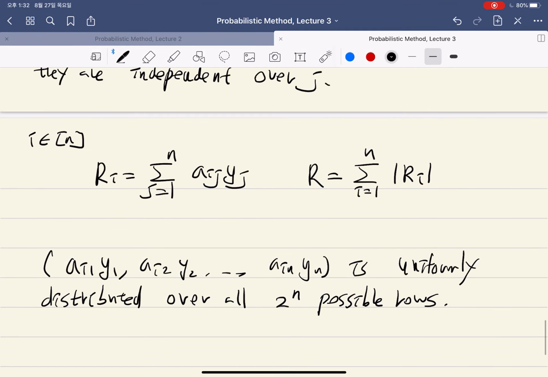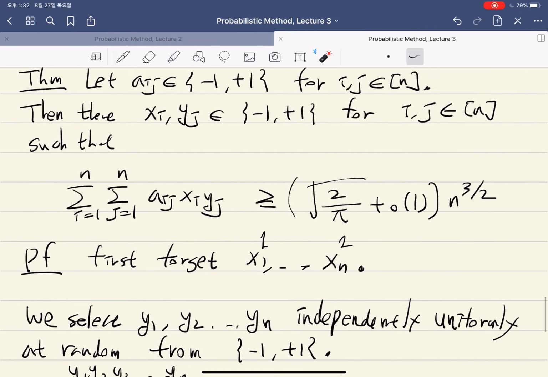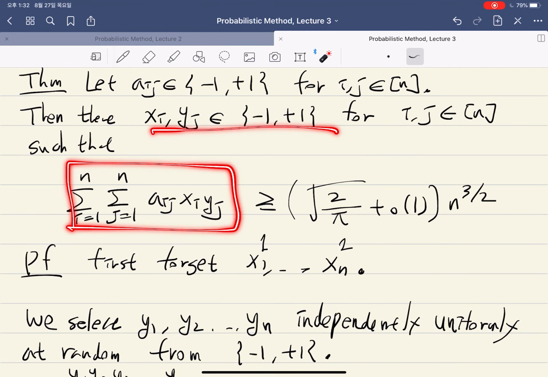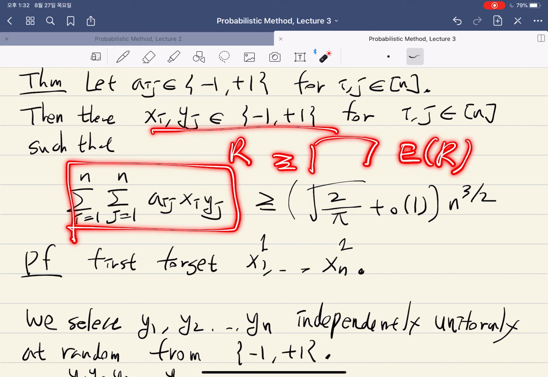So now our strategy is again simple. We want to consider the expectation of this. If you know the expectation, then that provides a lower bound on the size of R, so R is at least the expectation of R.